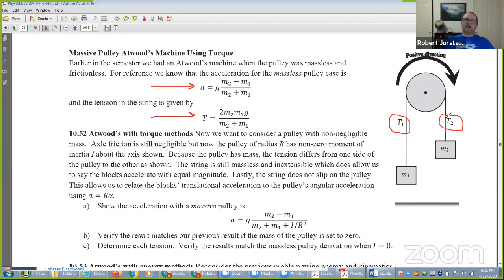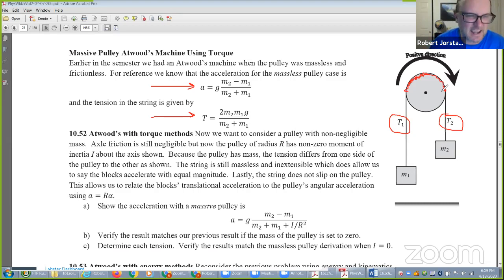The tension on opposite sides of the pulley are not the same. This is really hard to show you over the internet, but let me put it to you this way. There's some friction right here at the edge, all along that squiggly red line. That friction is actually connecting the string to the pulley.